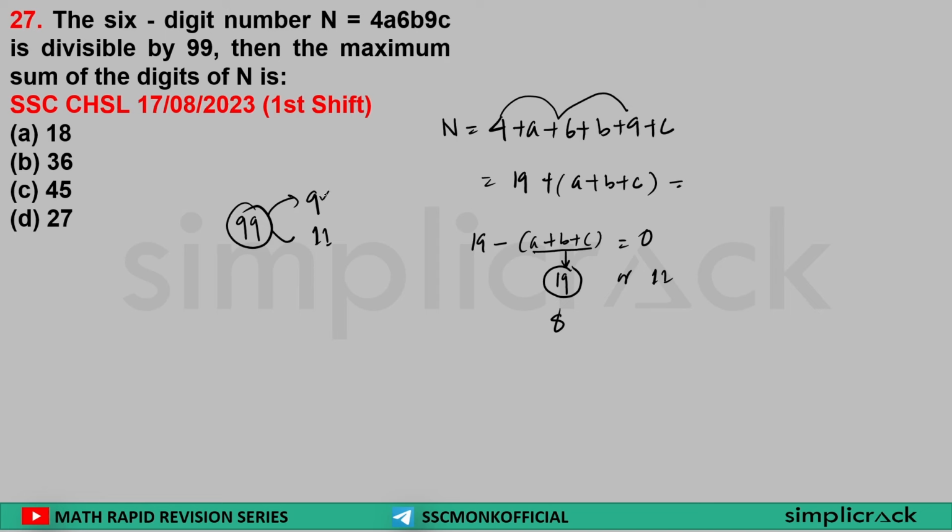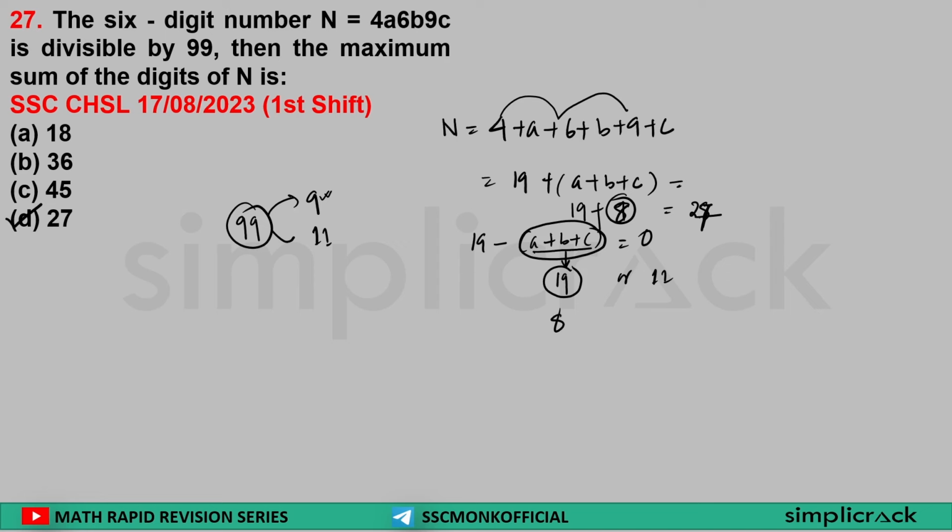That is also divisible by 9. Clear? So what should be the value of a plus b plus c? 8. And other value is 19. So what is the sum of 19 plus 9? 28. Sorry, this is 8, my bad. So 19 plus 8 is equal to 27. I do not need to do anything else over here. I just have to use my common sense.